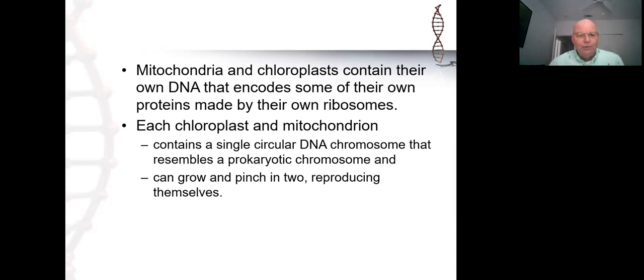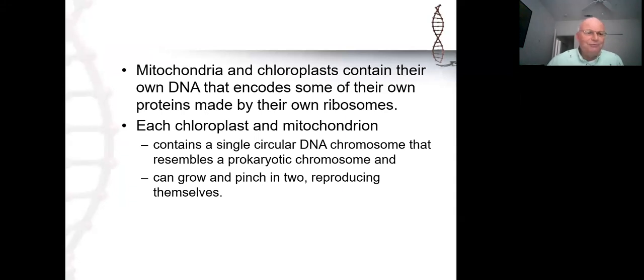Both of these organelles were once free-swimming bacteria, in the case of the mitochondria, an aerobic bacterium, in the case of the chloroplast, a cyanobacterium carrying out photosynthesis. The first to get captured was an aerobic bacterium because all eukaryotic cells contain mitochondria.